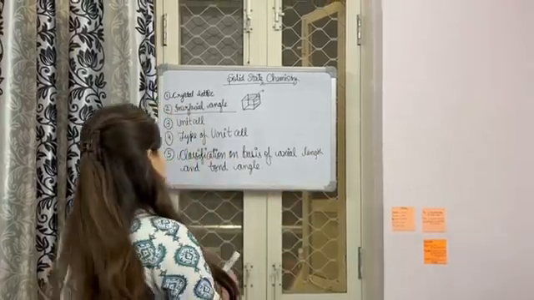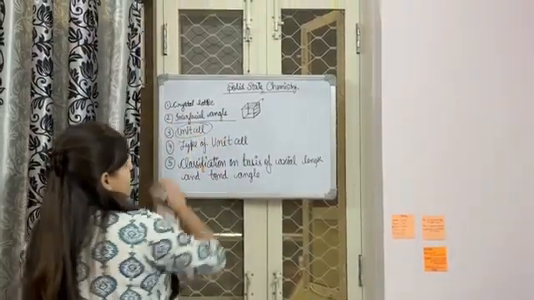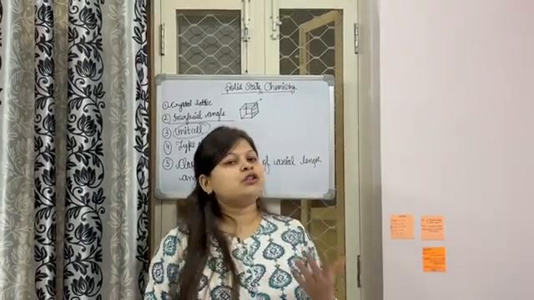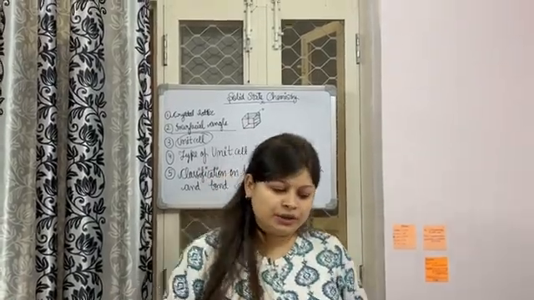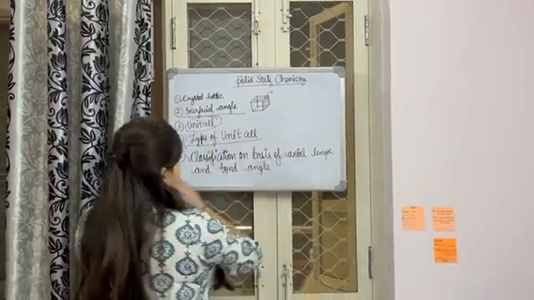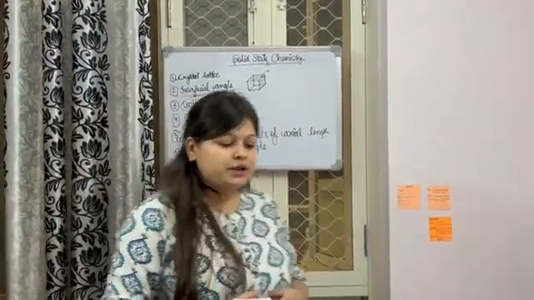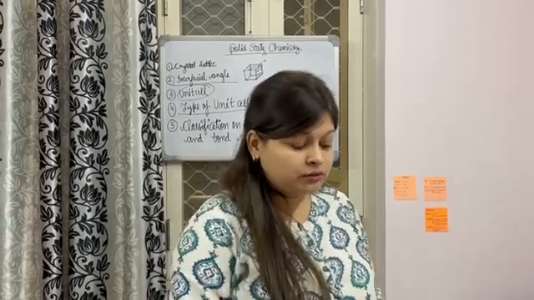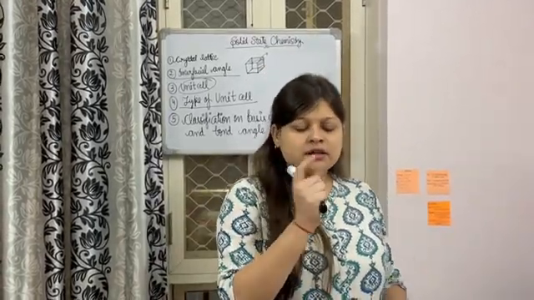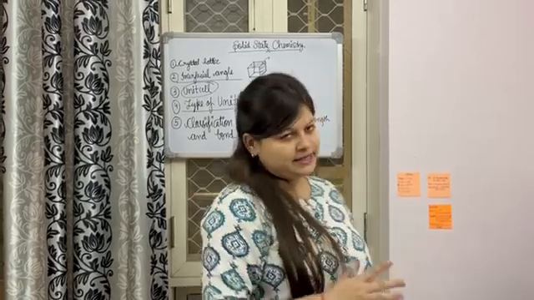The second subtopic is our unit cell, in which we will discuss the classification on the basis of the location of the lattice points within the unit cell. These are considered under the topic of types of unit cell. As I told you, a unit cell is the smallest part of a crystal lattice.